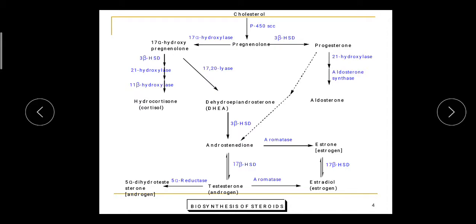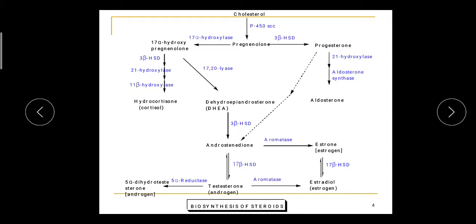In the sub pathway, this 17-alpha hydroxypregnenolone, by the lyase enzyme, converts into DHEA, dehydroepiandrosterone, and again HSD converts it into androstenedione.